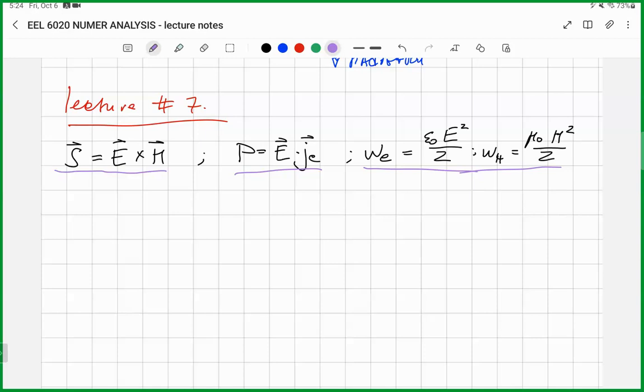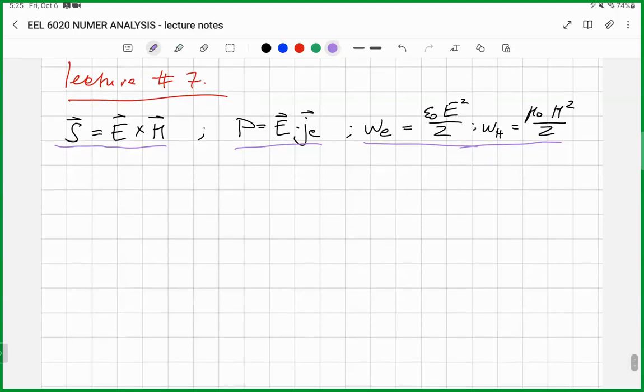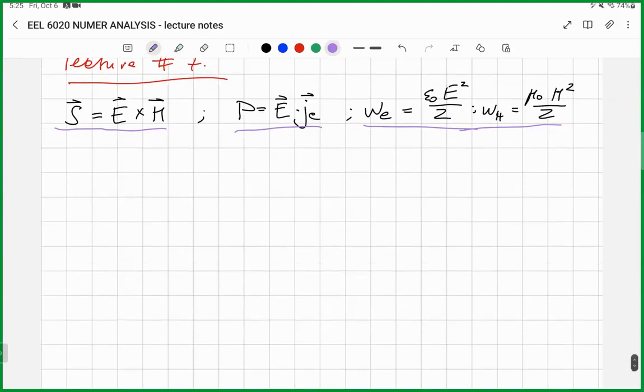And we are often interested in the time average of the product of these two, I mean, of the complex functions. So this electric field, currents, magnetic fields, as we discussed, we can write them in a complex form.